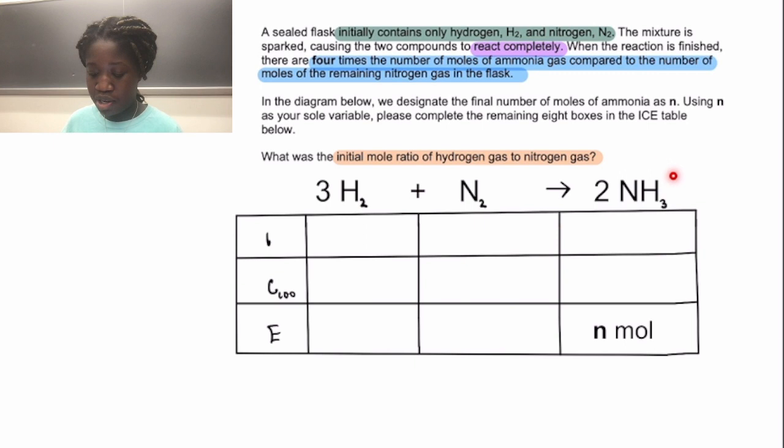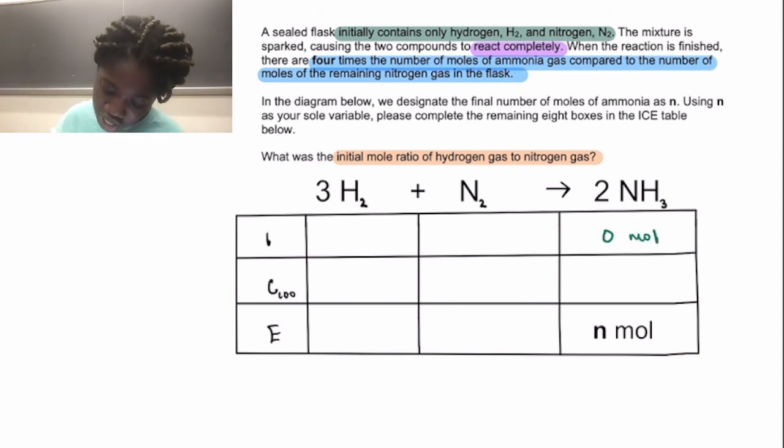So we know that the sealed flask initially only contains hydrogen and nitrogen. That means there can be no ammonia initially. So the initial line for ammonia is 0 moles. Next, let's address the highlighted blue. We know that there are 4 times the number of moles of ammonia gas compared to the number of moles of the remaining nitrogen gas in the flask.